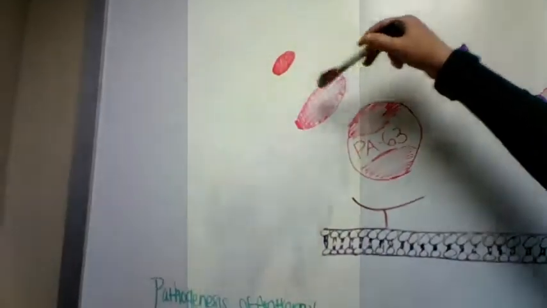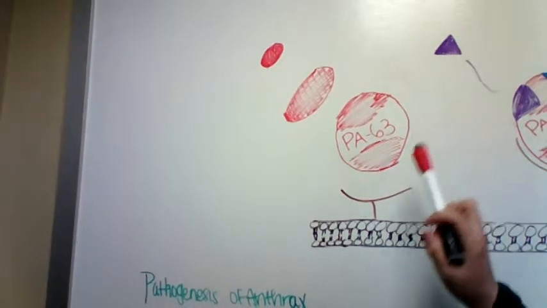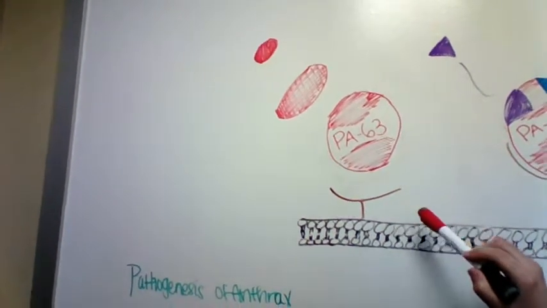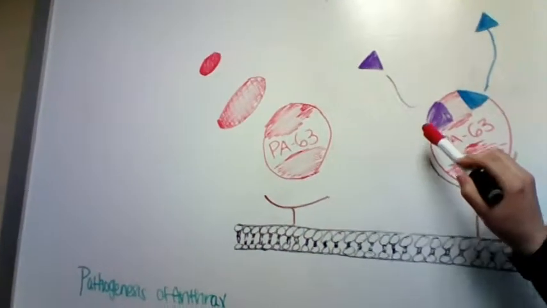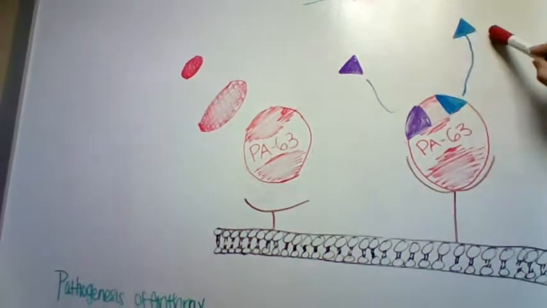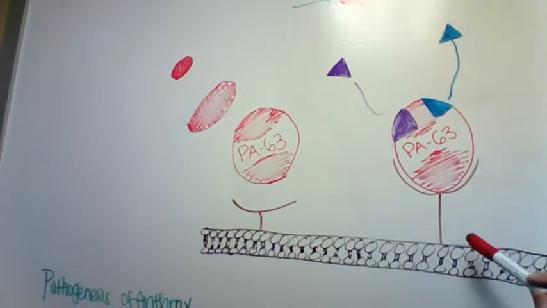So here we have a protective antigen, also known as PA63, and this is an anthrax toxin receptor. It forms a binary complex with the lethal factor and the edema factor, and it also binds to the anthrax toxin receptor.